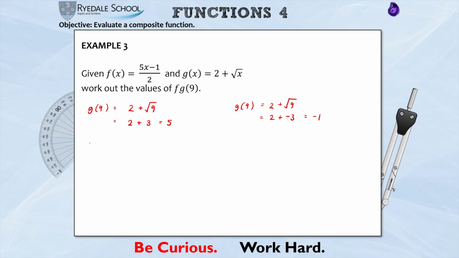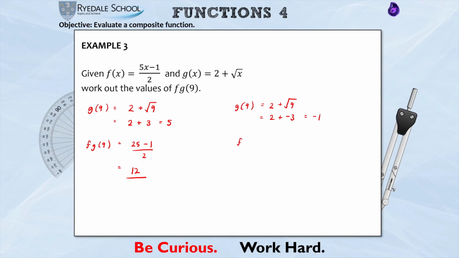So if we now work out f of g of 9 using 5, we're going to have 25 take away 1 divided by 2. 25 take away 1 is 24. 24 divided by 2 is 12. So that's one answer.